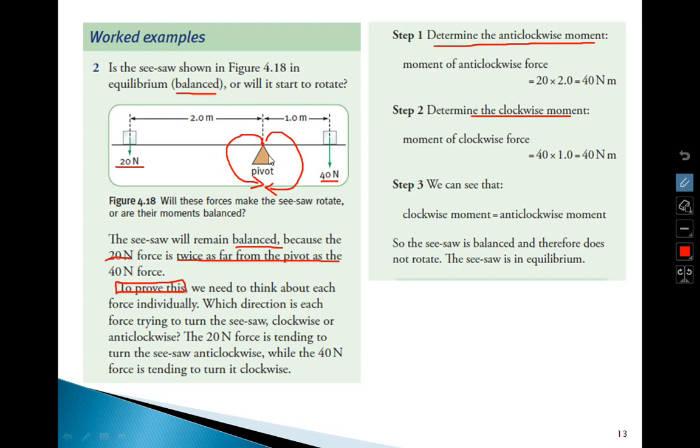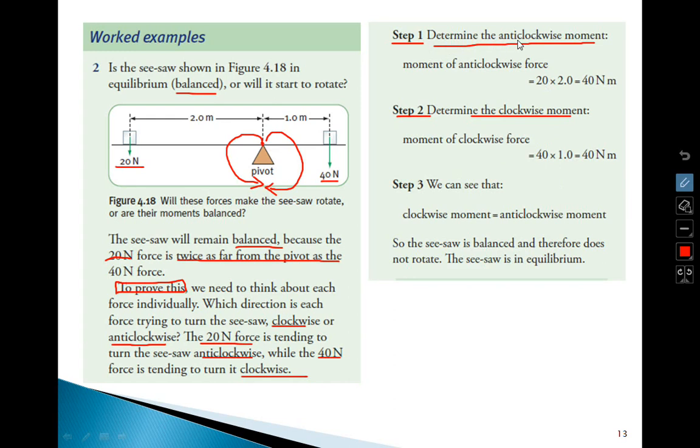Which direction is each force trying to turn the seesaw? The 20 Newton force is tending to turn the seesaw anti-clockwise, while the 40 Newton force is tending to turn it clockwise, as we draw here.